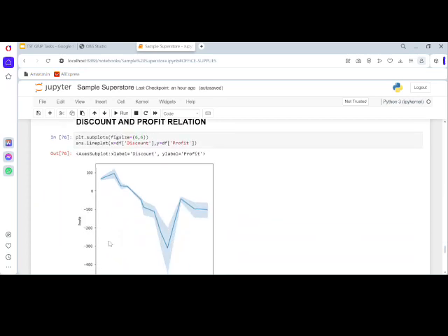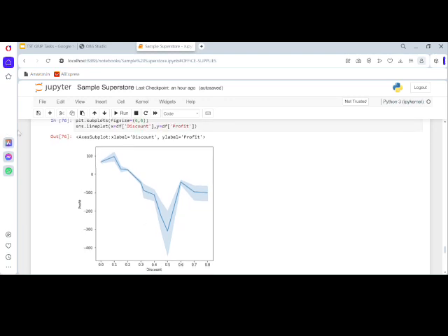Then this is the discount and profit relation. In this we can see as the discount increases, the profit is decreasing. It means that there was a heavy discount on the products which led to the loss in the prices in the total amount.